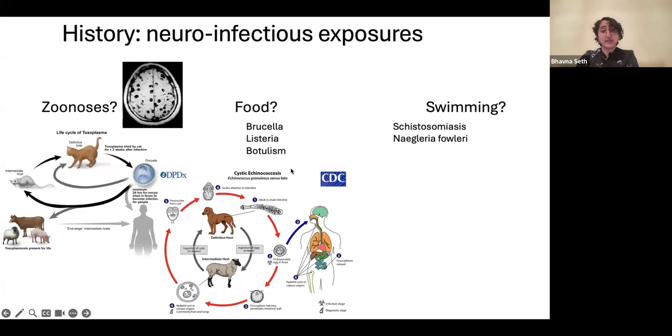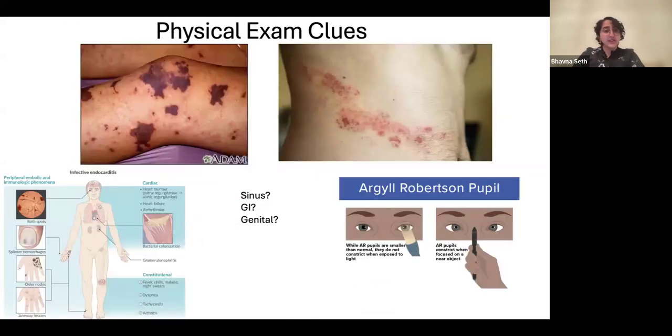Food exposures, like we discussed earlier, and then swimming has very specific exposures as well, Naegleria being a very fatal diagnosis, unfortunately.